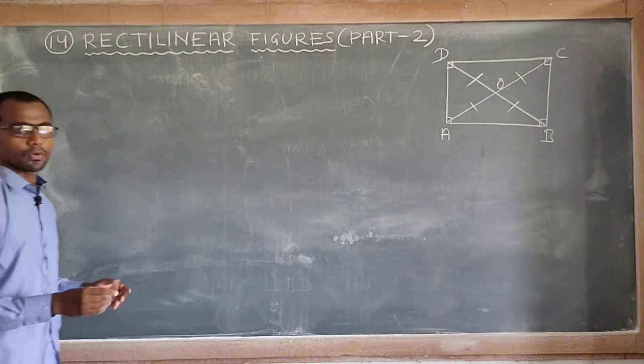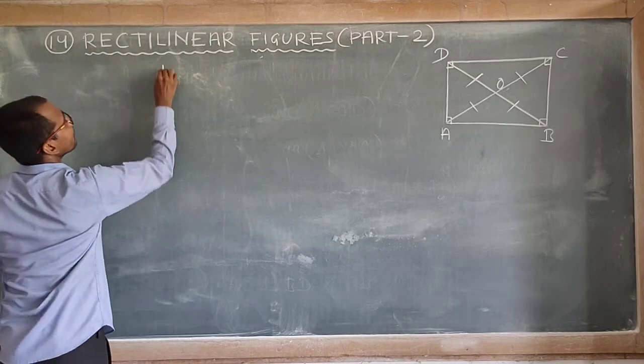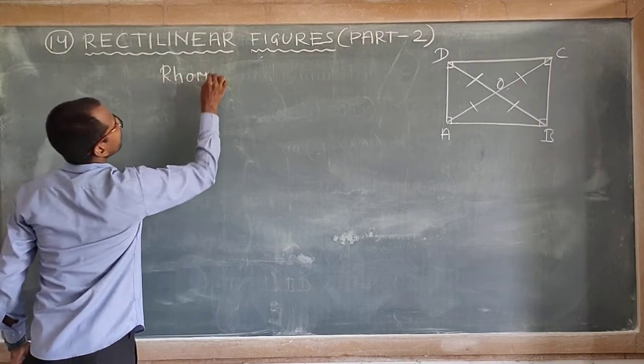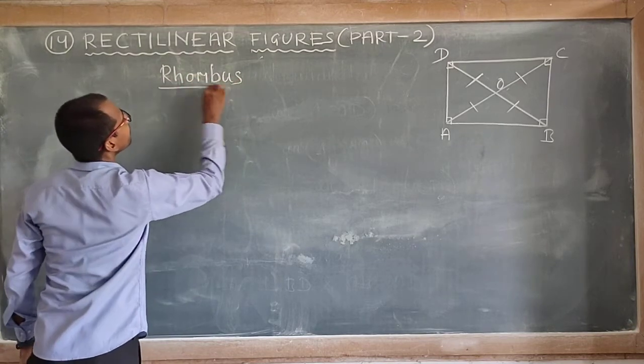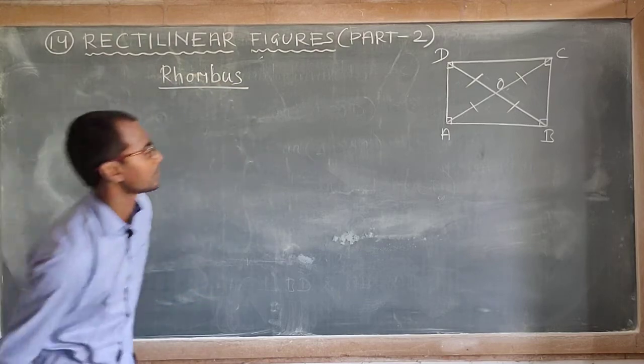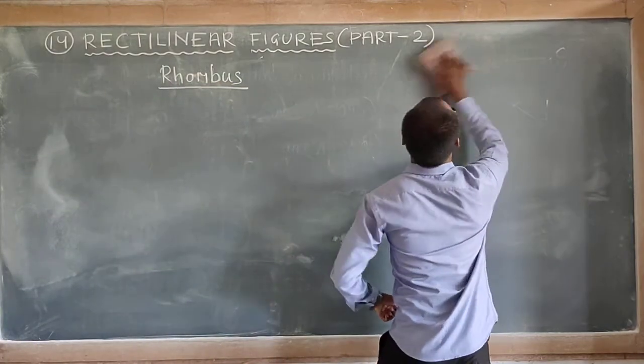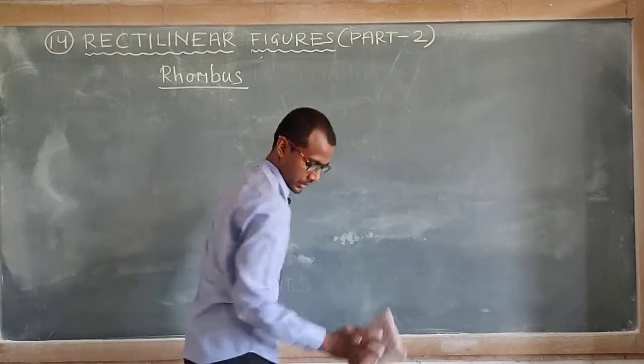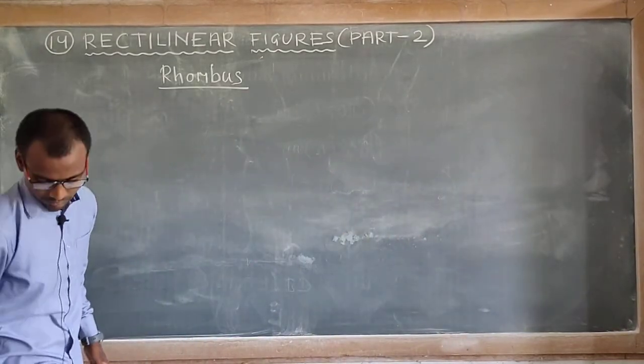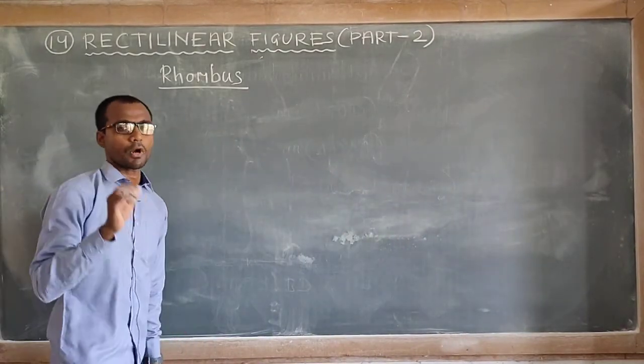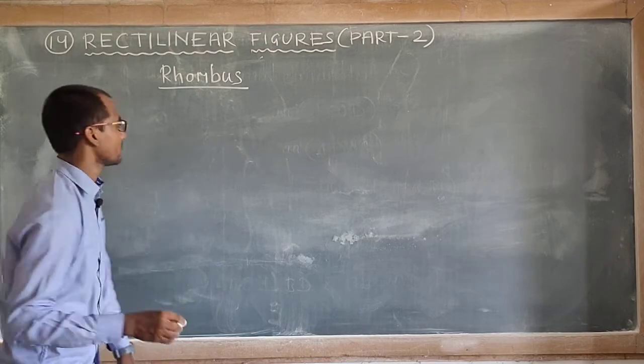Next we will move to rhombus. Now rhombus is a quadrilateral in which all the sides are equal.